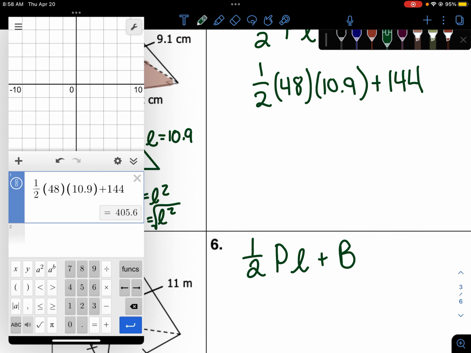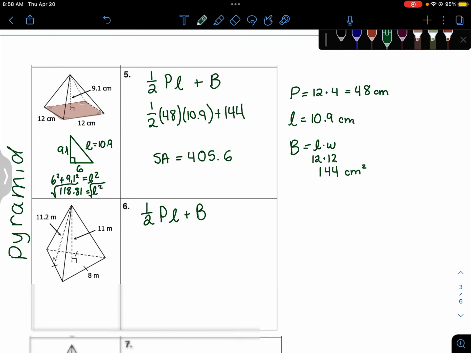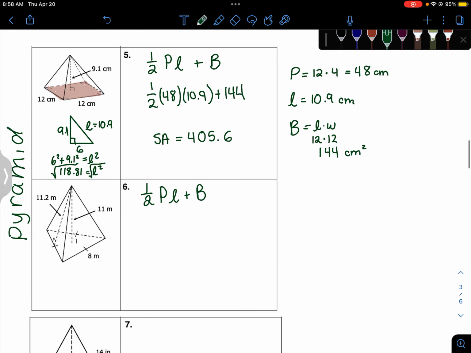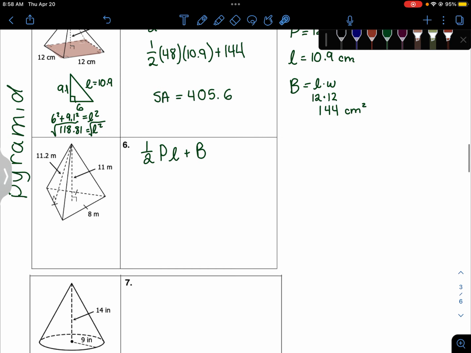And I find that the surface area of this square pyramid is 405.6. If our problem had asked for the lateral area, we would just do this and we would leave this out. On your test tomorrow, there will be a couple of problems that ask for lateral area.